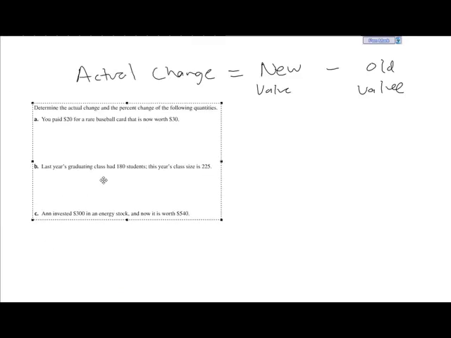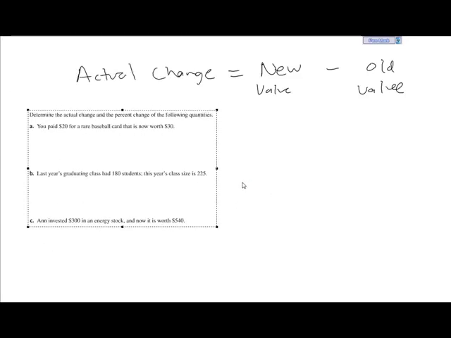Okay, so here's an example I have. And so we're going to determine the actual change and the percent change of the following quantities. Percent change is really another way of saying relative. We're going to just start going with the actual changes. You paid $20 for a rare baseball card that is now worth $30. Okay, so which one's the old, which one's the new?